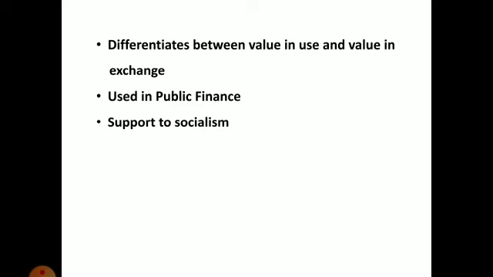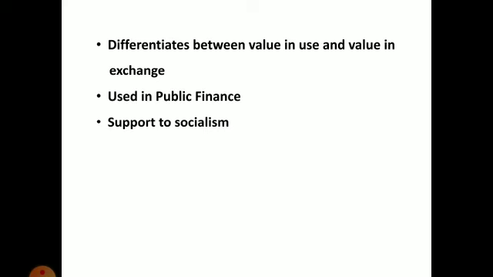So, this difference can be understood only with the application of this law of diminishing marginal utility. And the next area where this law is useful is in public finance.